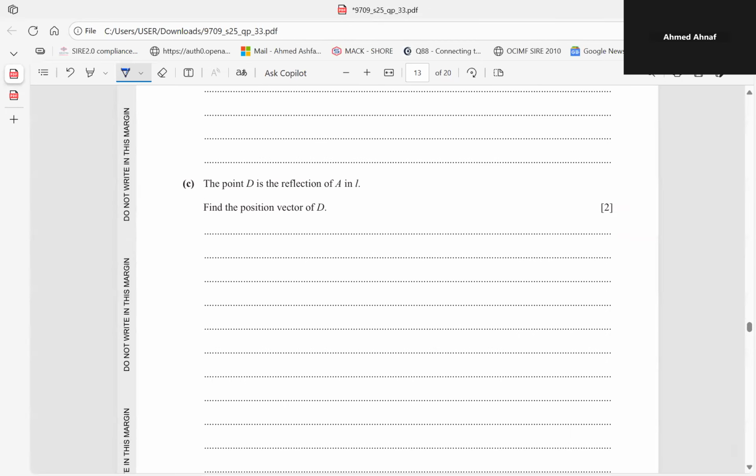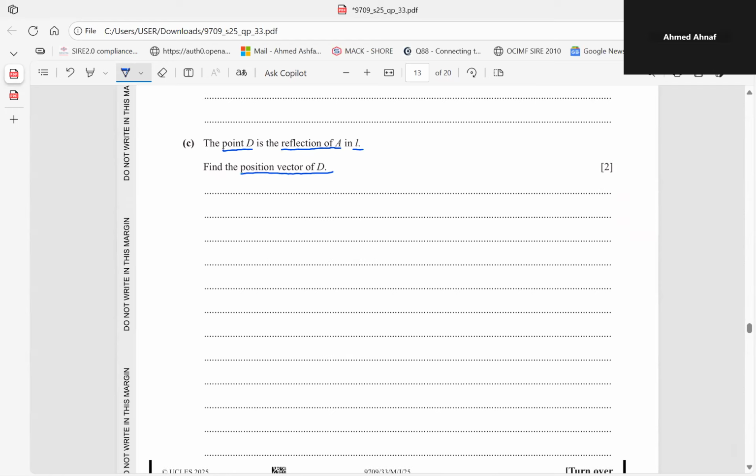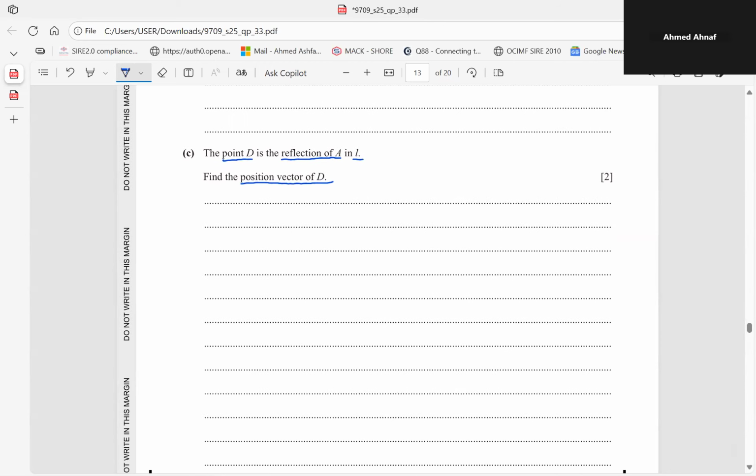Okay, so for this final part, we're told that the point D is a reflection of A in L, and we have to find the position vector of D. So what do they mean by a reflection of A in L?